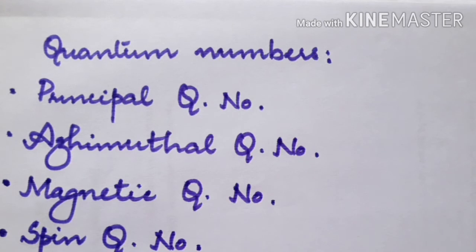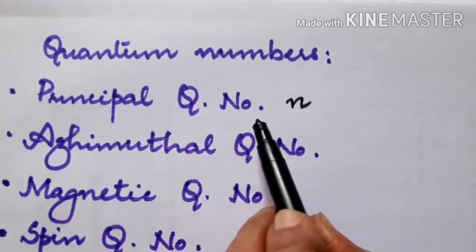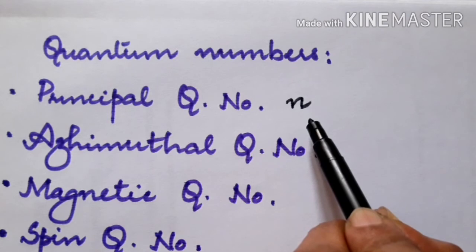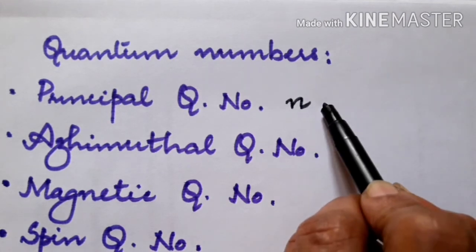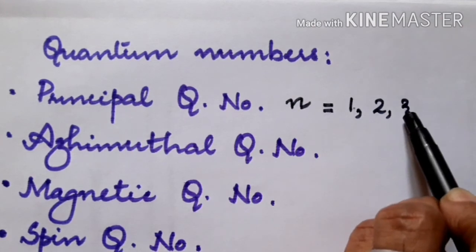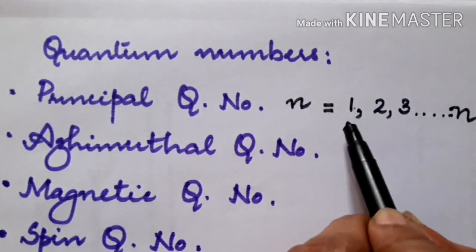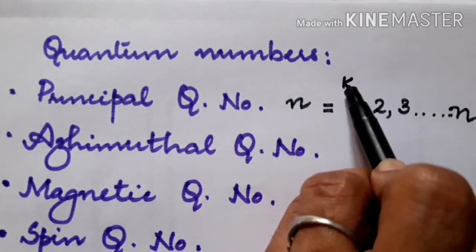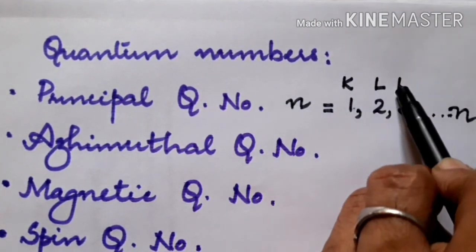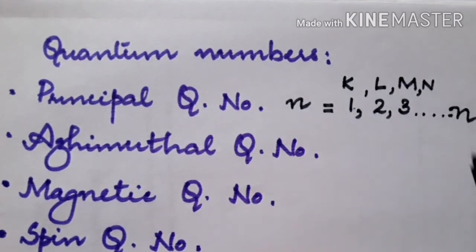The first quantum number deals with the energy of the orbital, and that is given by the letter n. The principal quantum number, designated by the letter n, can take values starting from 1, 2, 3, etc., up to n, where these denote the K shell, L shell, M shell, N shell, and so on.